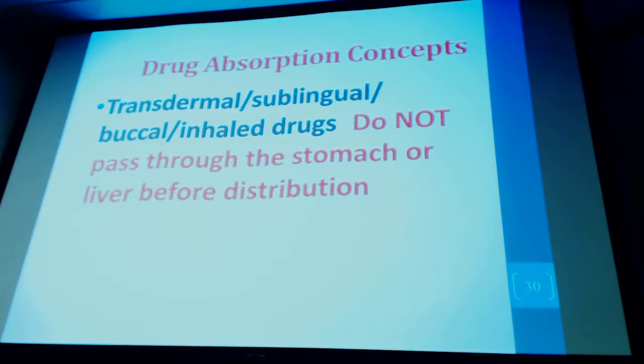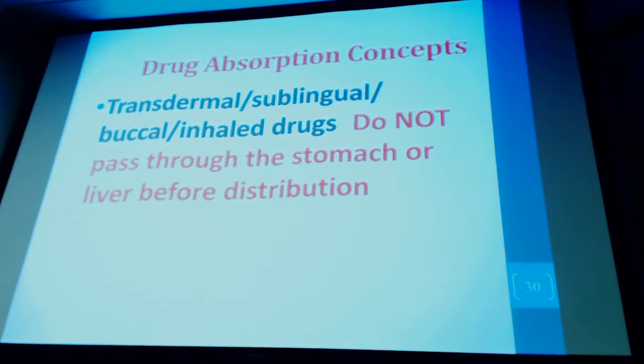Now, we're giving a lot of medications now through patches called transdermal. So if you give medication in a patch, or you put it under the person's tongue, or you put it in their lip, between their cheek and their gum, or you put it in an inhaler, these meds go directly into the bloodstream.